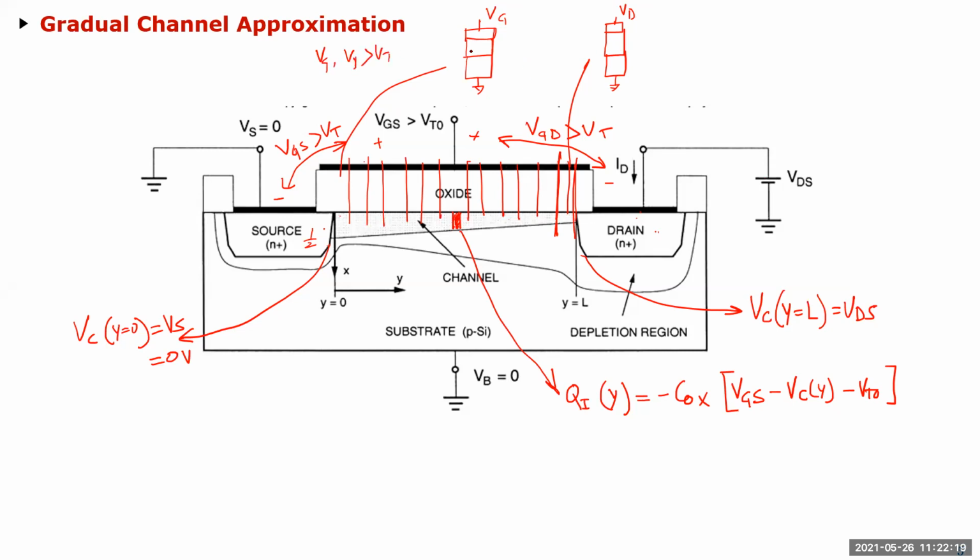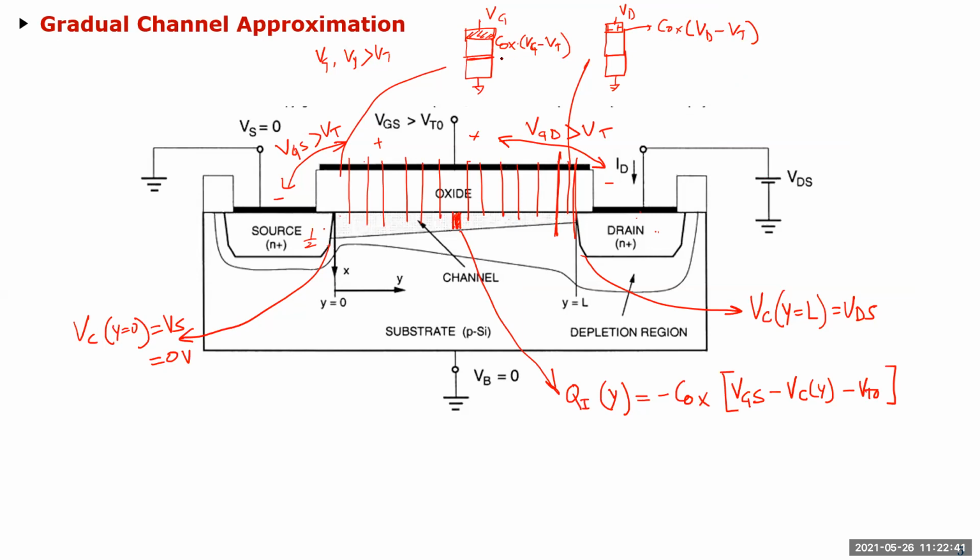So let's assume that. Then you know that this charge which is formed here is Cox times Vg minus Vt, right? This charge accumulated here is Cox times Vd minus Vt, right?